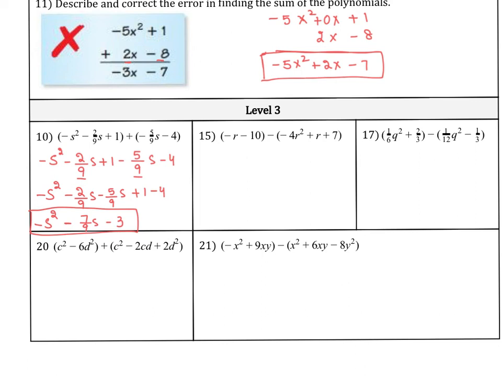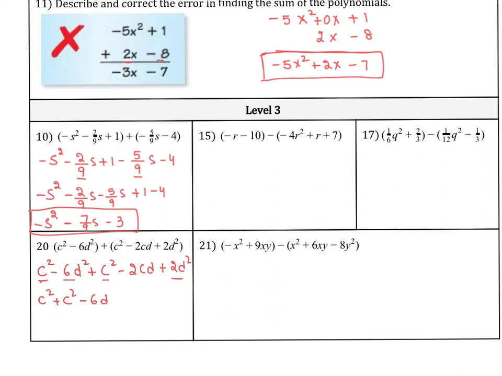For number 20, we are going to combine the like terms. So rewrite these polynomials. And we are going to combine c squared with the c squared. So c squared plus c squared. 6d squared with the 2d squared.